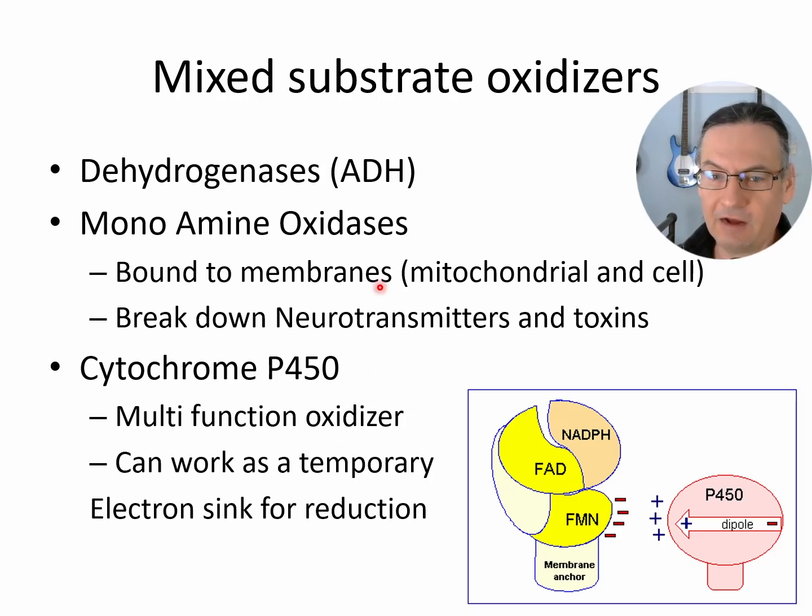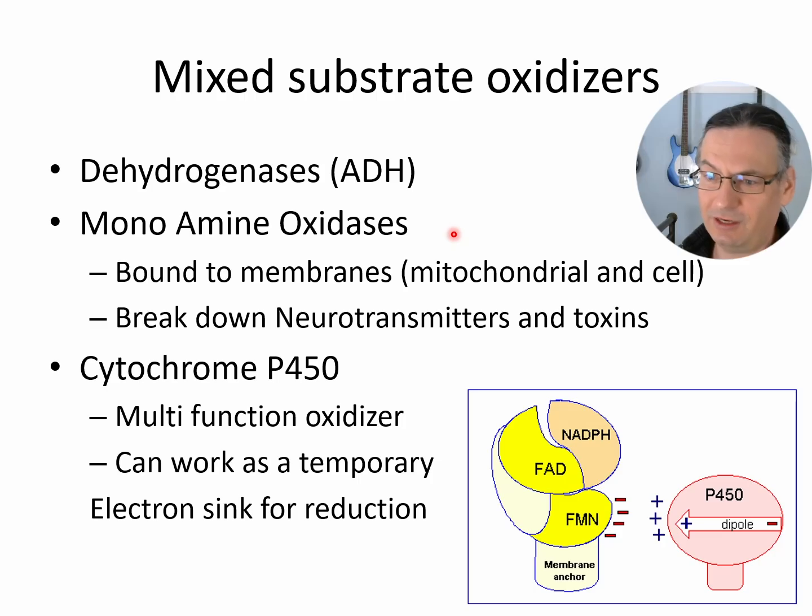We're also going to have a lot of MAOs, monoamine oxidases. Now, these are going to be bound to a lot of membranes, especially the mitochondrial membranes and your cell membranes, and they are, in part, set up to break down compounds that could potentially be toxic, and some of them also to start breaking down more complex foods, especially things that could be burned for energy, but have complicated structures that would not normally be bioavailable.